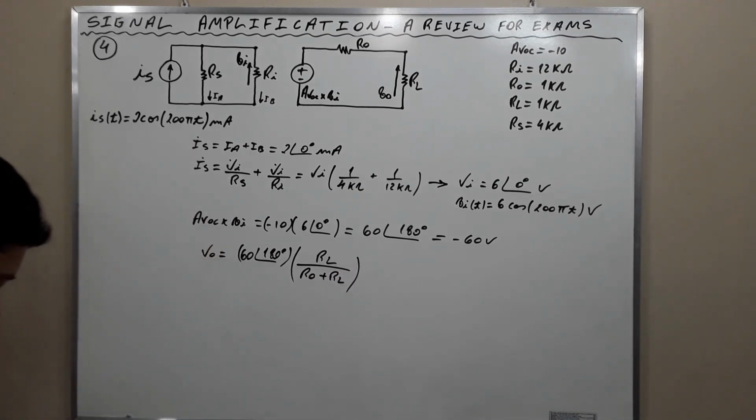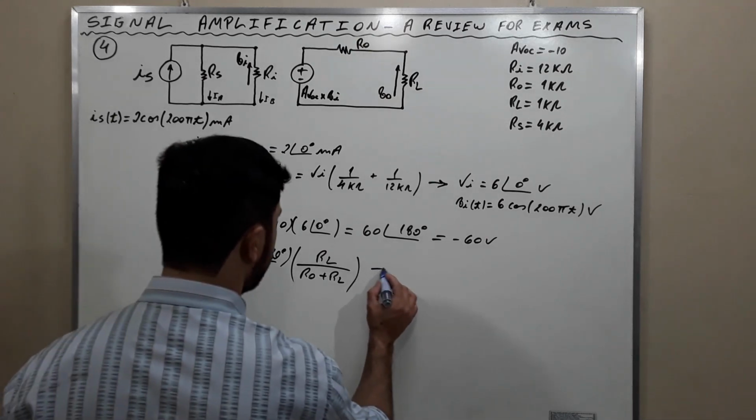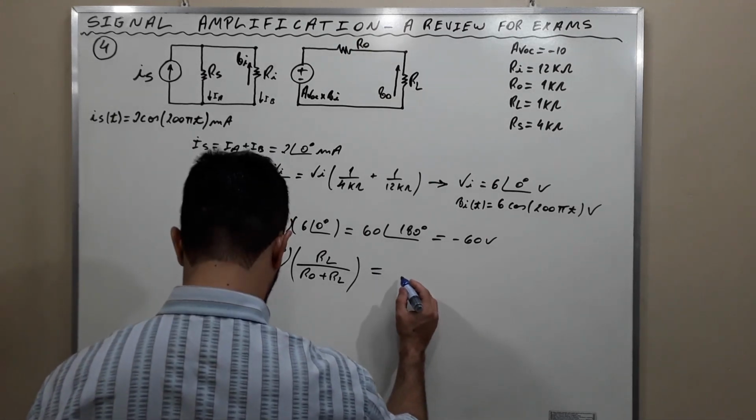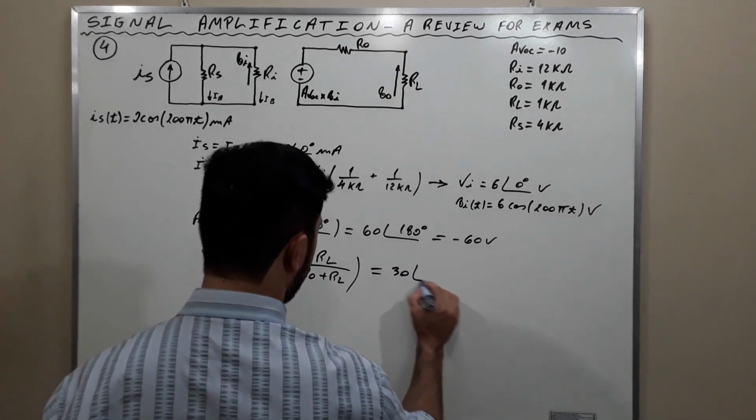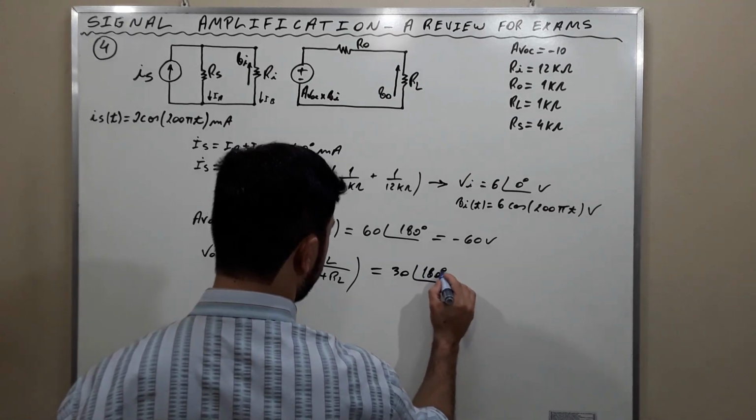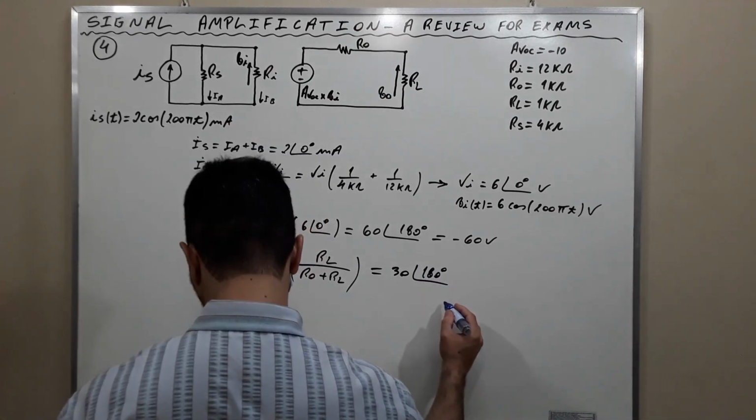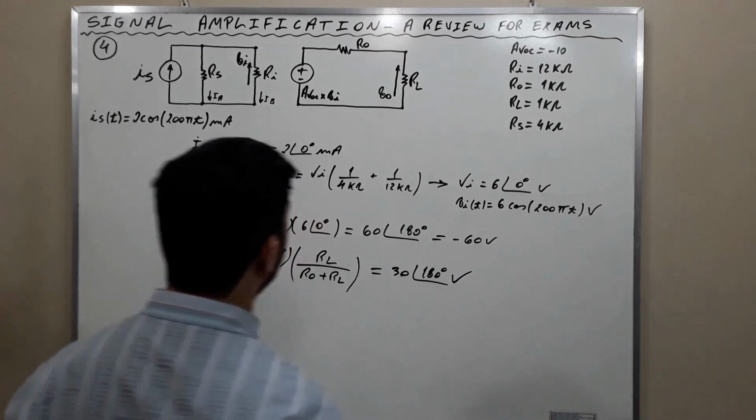Okay? Both RO and RL are equal to 1 kilo ohms. And we find that VO is equal to 30 in the phase 180 degrees volts. Okay?